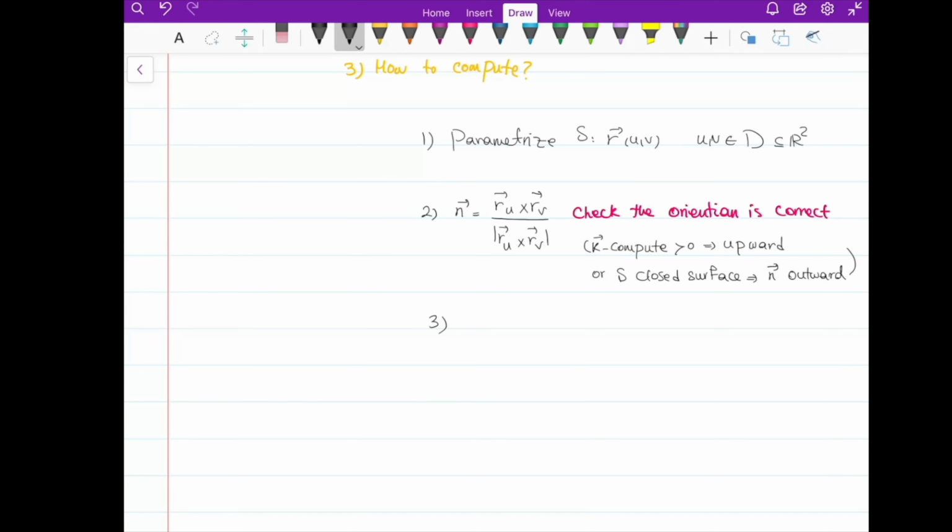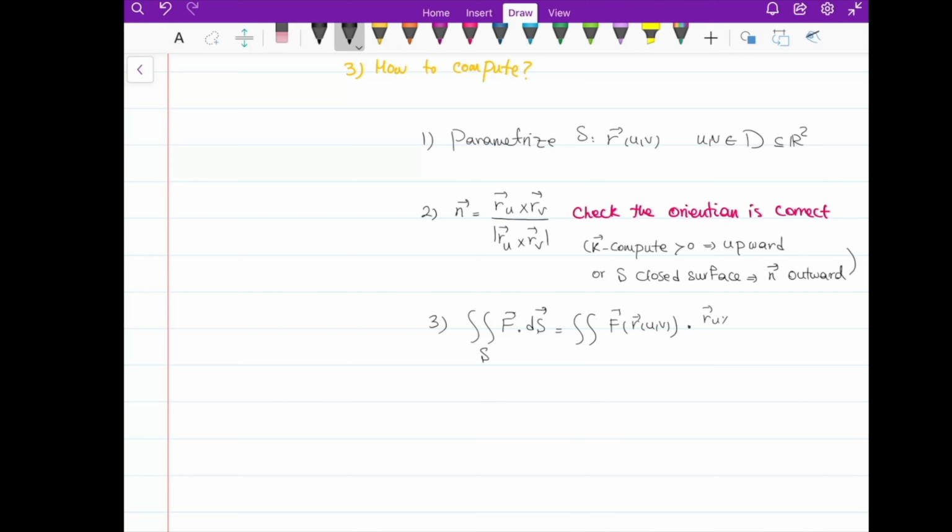And then I'm gonna calculate the integral of F dot ds over S by saying that I'm gonna plug in my parameterization into the vector field, and then I have n in here, the normal vector.